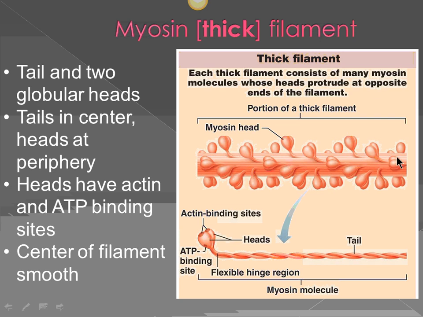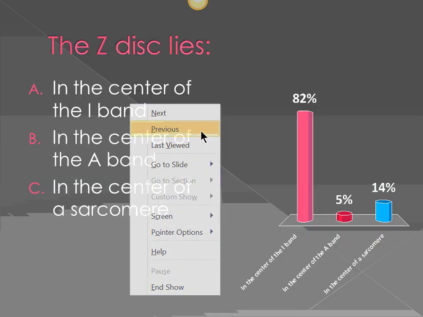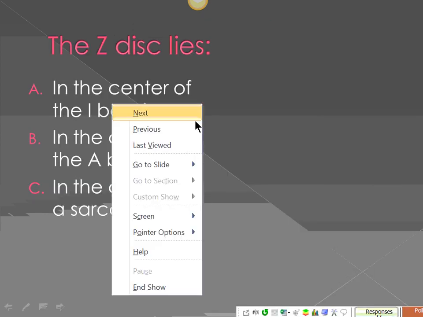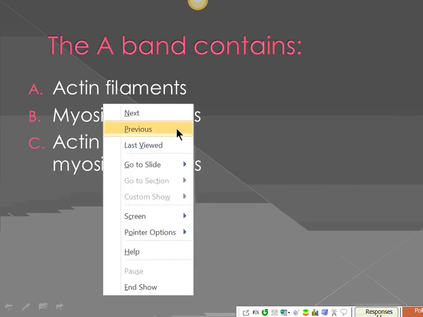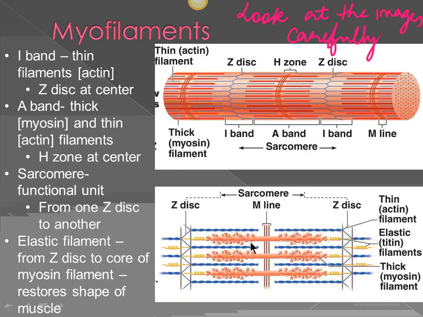It so happens that all the heads are present towards the periphery and the tails are present towards the center. So if you look at this picture here, can you see all the heads are at the periphery, the tails are in the center, which is why the central area is smooth.